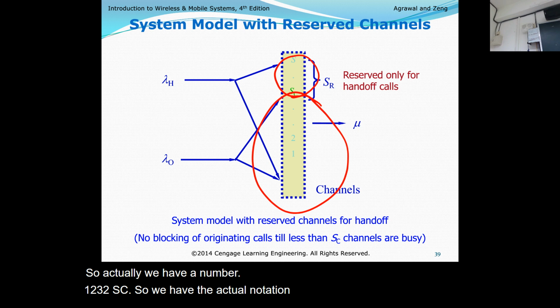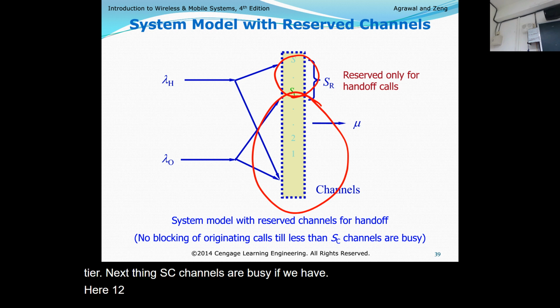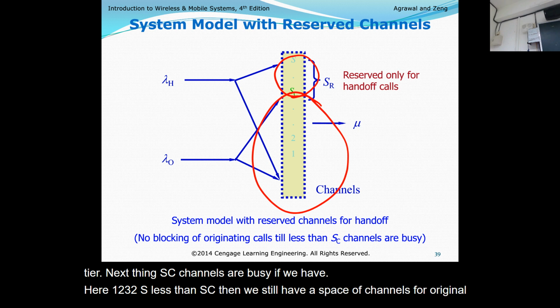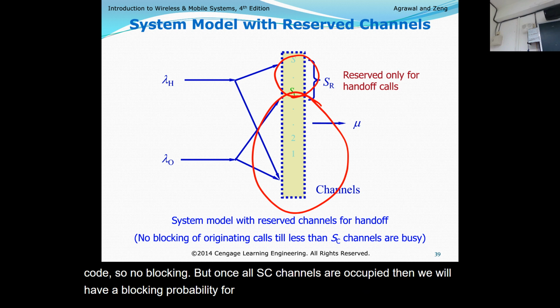No blocking of originating code here while fewer than SC channels are busy. Therefore, with 1, 2, 3 up to S less than SC, we still have space or channels for originating code, so no blocking. But once all SC channels are occupied, then we will have a blocking probability for originating codes. So this is the first one.